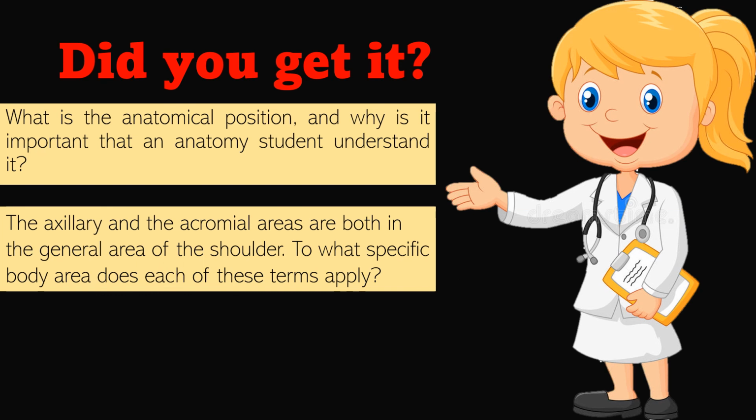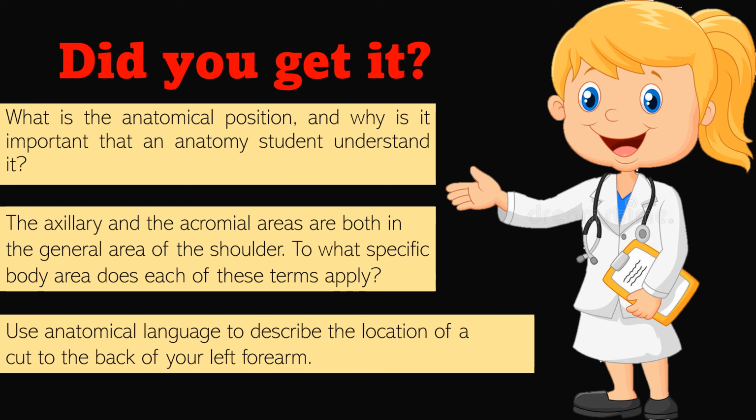The next question is, the axillary and acromial areas are both in the general area of the shoulder. To what specific body area does each of these terms apply? The axillary region is the armpits and the acromial region is the points of the shoulder.